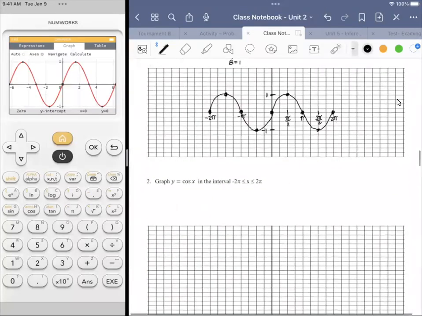Now for the cosine, that starts at the maximum, decreases to the minimum, and then back to the max. All right. So same structure, same ingredients, really.